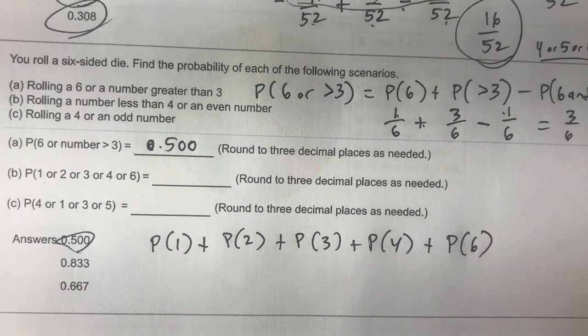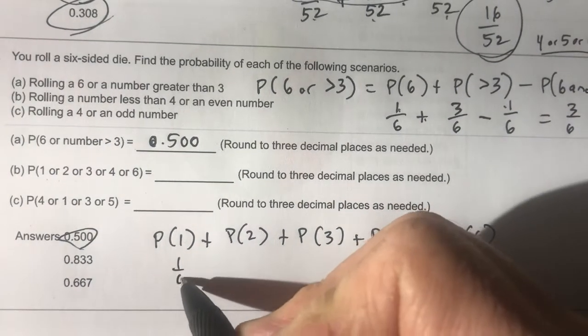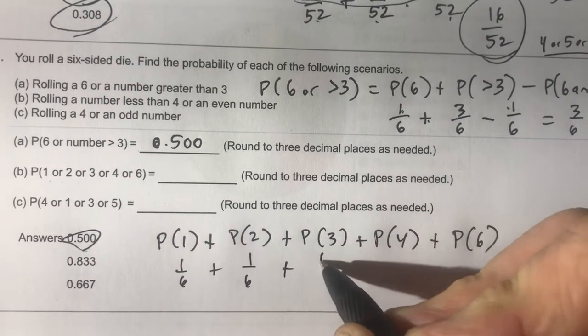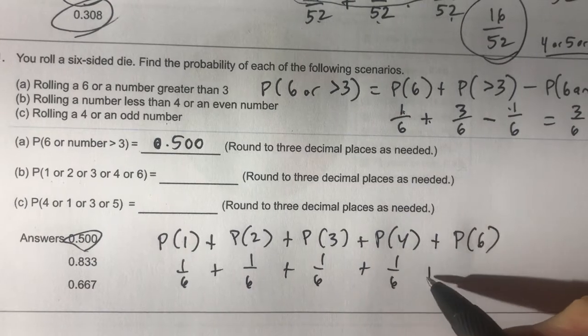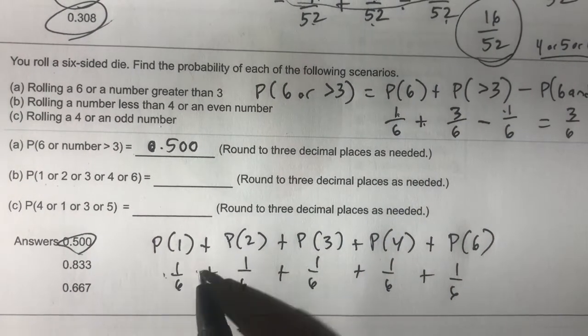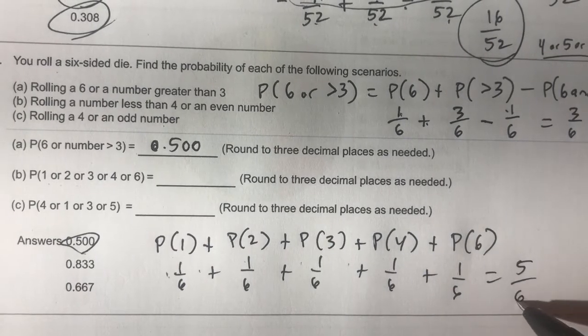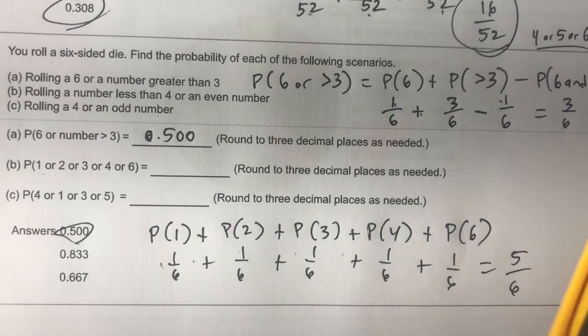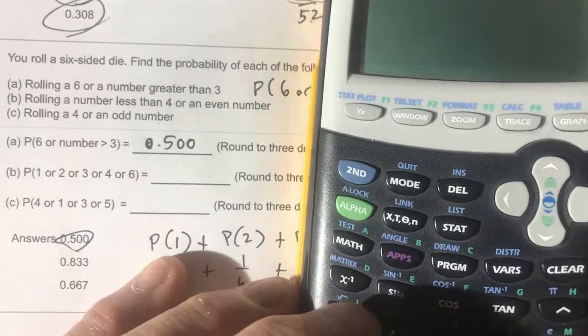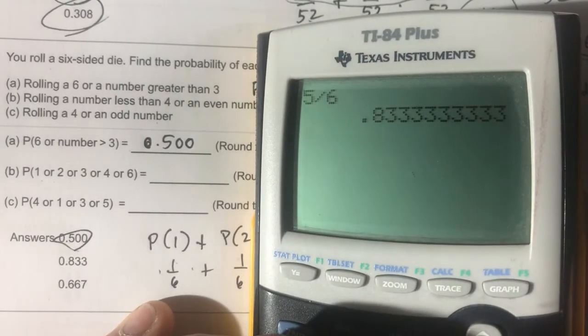Now you probably can do this in your head. This is going to be 1 out of 6 plus 1 out of 6 plus 1 out of 6 plus 1 out of 6 plus 1 out of 6. So it's 5 out of 6. And if I divide that, 5 divided by 6, 0.833.